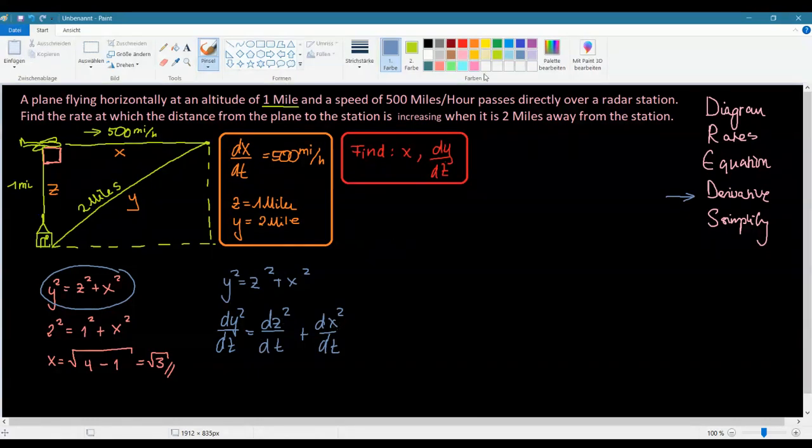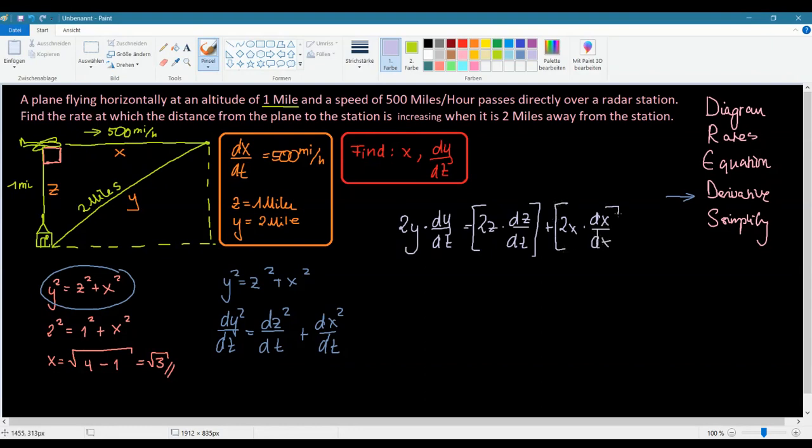I could say it 3 times, but it's a mouthful, so I'm just going to do it instead. We're going to end up with 2y times the rate of change of y equals 2z times the rate of change of z plus 2x times the rate of change of x.